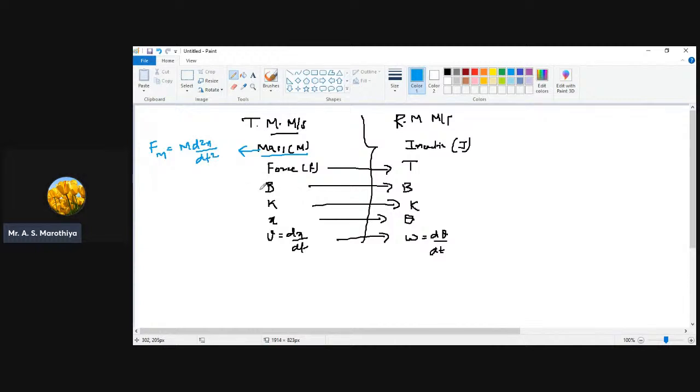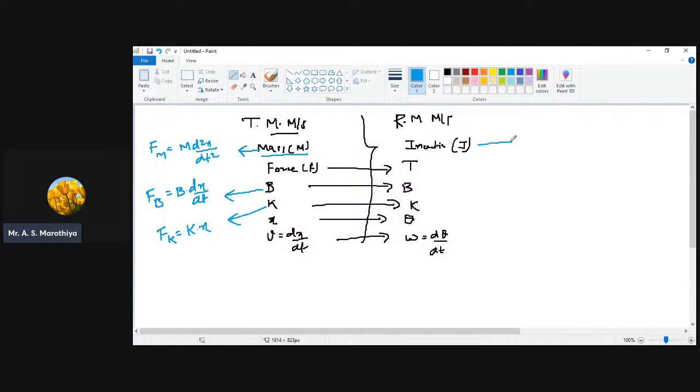In the same way, force contribution due to damping coefficient, or friction coefficient, is indicated by symbol Fb, and it is equals to b times dx by dt. In the same way, force contribution due to spring constant k is indicated by symbol Fk, and it is equals to k times x.